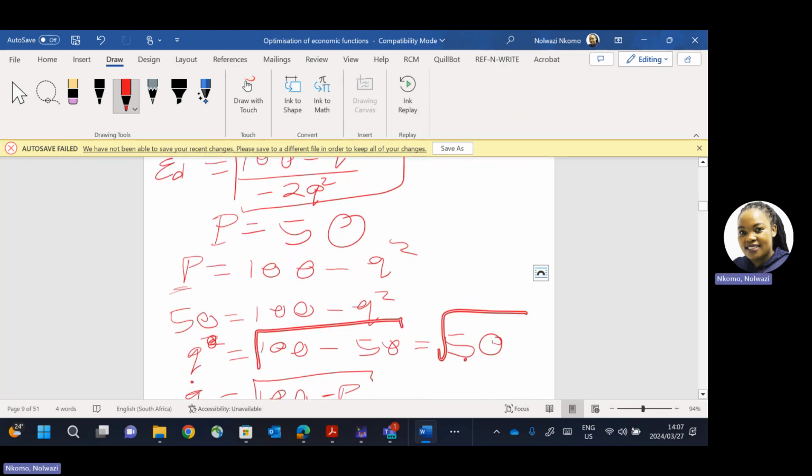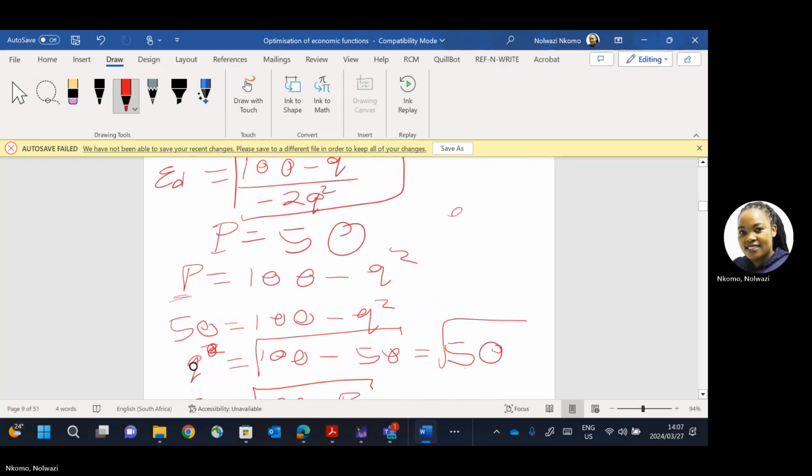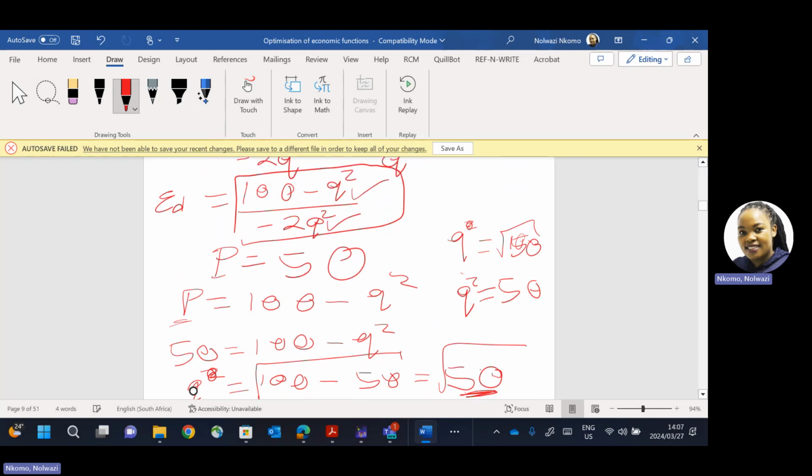So, okay, Q is equal to the square root of 50, right? So if Q is equal to the square root of 50, that means Q squared is equal to 50. So let's come here and substitute the value of Q squared, which is 50.